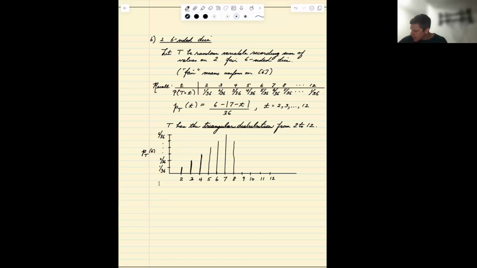And what we easily see visually in doing this is that the distribution looks like a triangle, starting at its low point on the left-hand side at 2, going up to its peak at 7, and then coming back down to 12. This is a plot of the probability mass function.